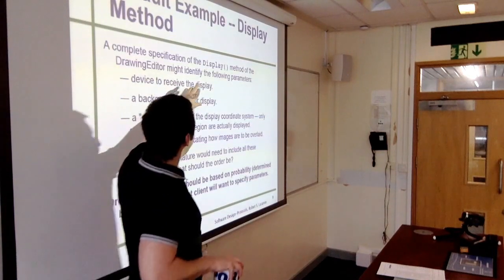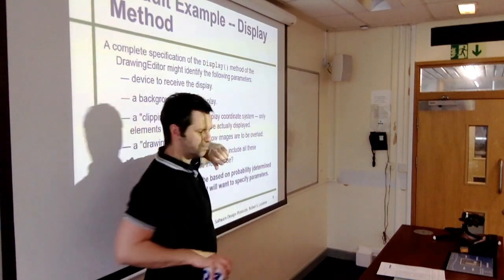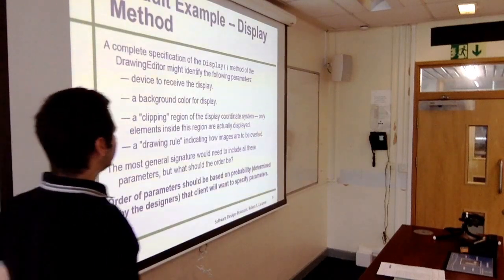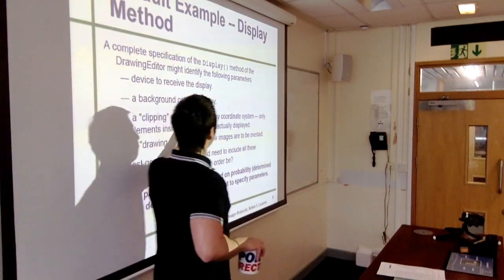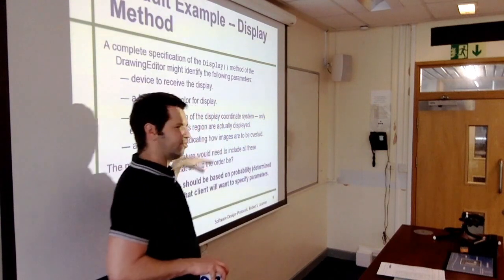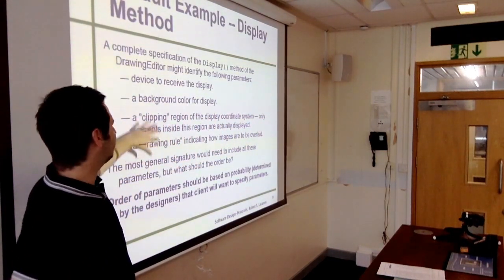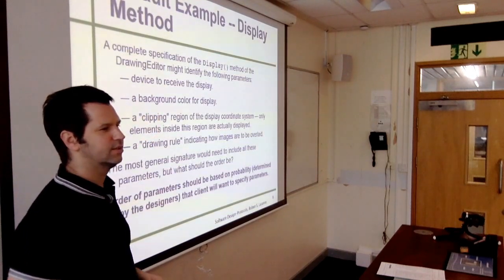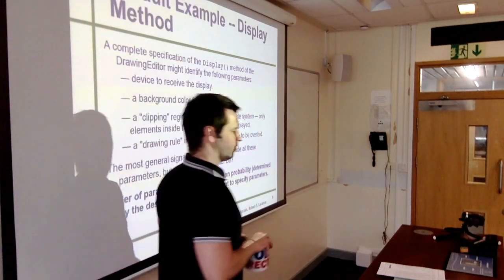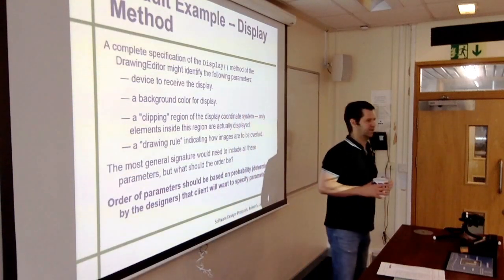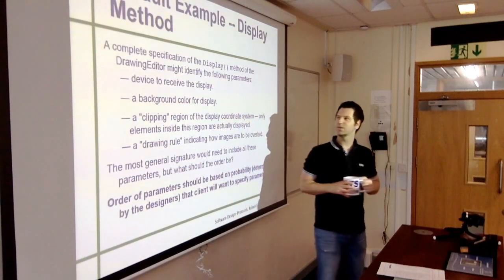Imagine this is the display method we're trying to specify. Can anybody imagine which version of the display method, if we have multiple display methods with different input parameters, will be used the most frequently? This is a very tricky question, by the way. I wouldn't necessarily expect people to know.